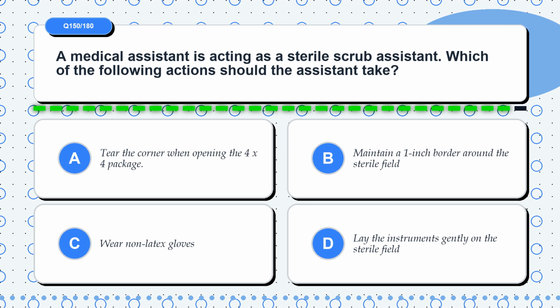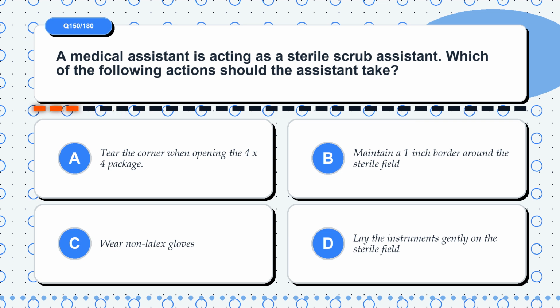Question 150. A medical assistant is acting as a sterile scrub assistant. Which of the following actions should the assistant take? Here are the options. Option A. Tear the corner when opening the 4x4 package. Option B. Maintain a 1-inch border around the sterile field. Option C. Wear non-latex gloves.